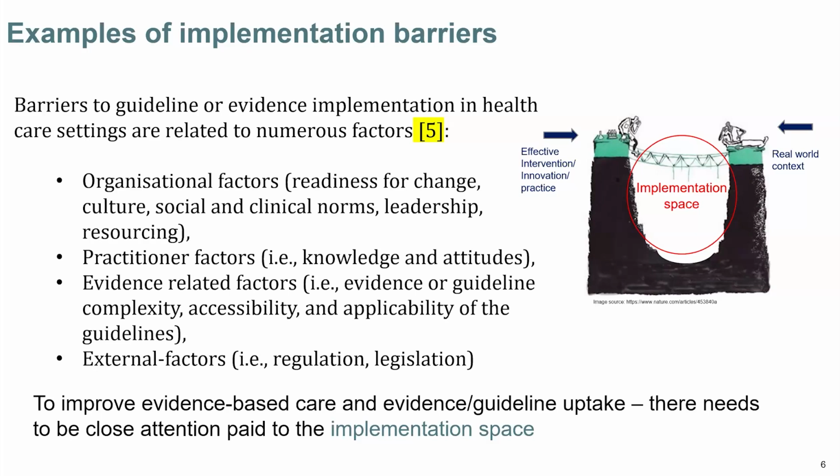And then there's also evidence-related factors, particularly if the evidence is complex. If there is something quite complex to be implemented, then it's a lot more tricky in practice, because we're asking busy clinicians to think about some type of new evidence-based practice, which actually requires them to probably work through a whole heap of complexity to even just understand what it is they need to do.